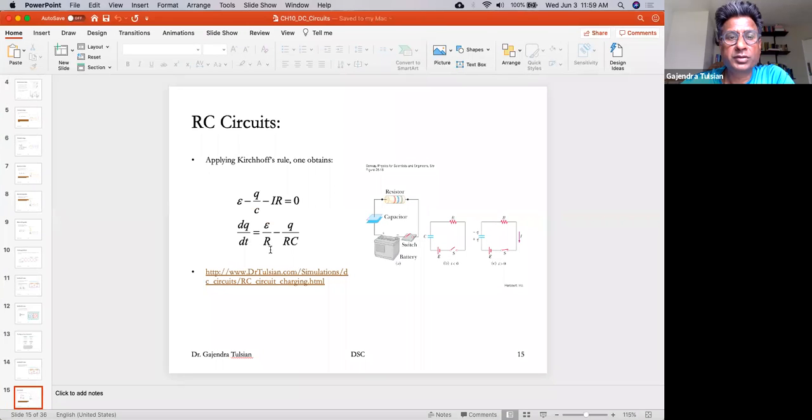You learn various techniques in your differential equation classes to solve these types of equations.